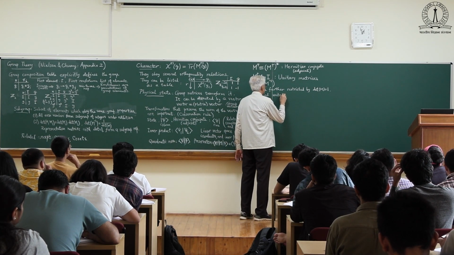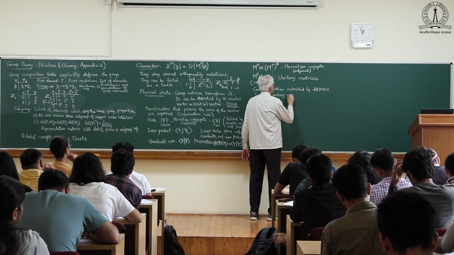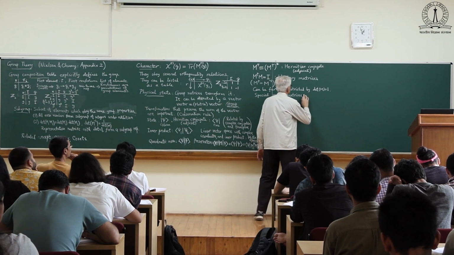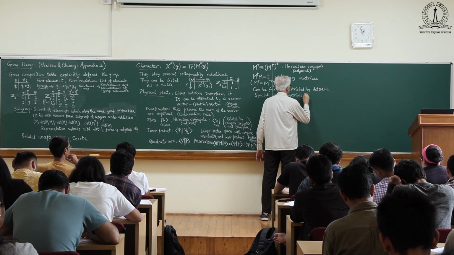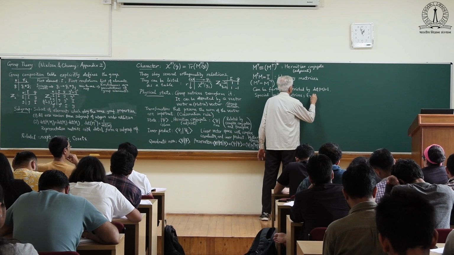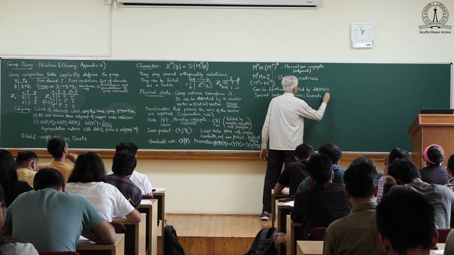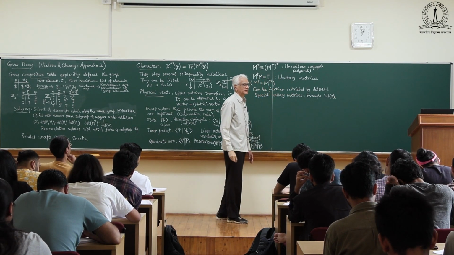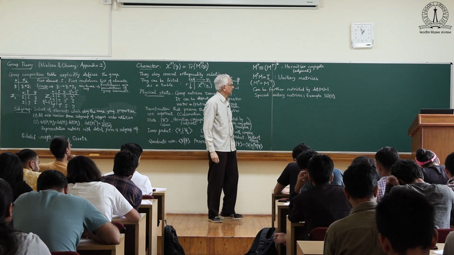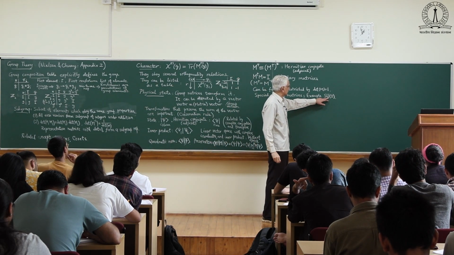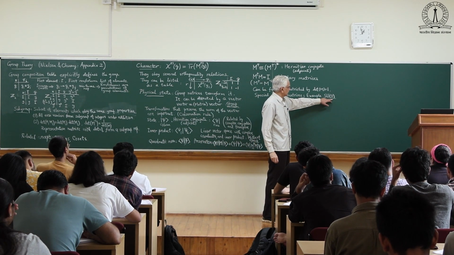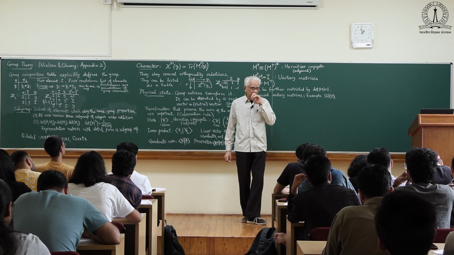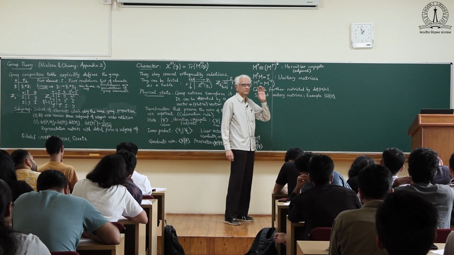And one of the frequently used examples is what I mentioned last time. It's the group of unitary transformations in two-dimensional space. Generic notation SU2.